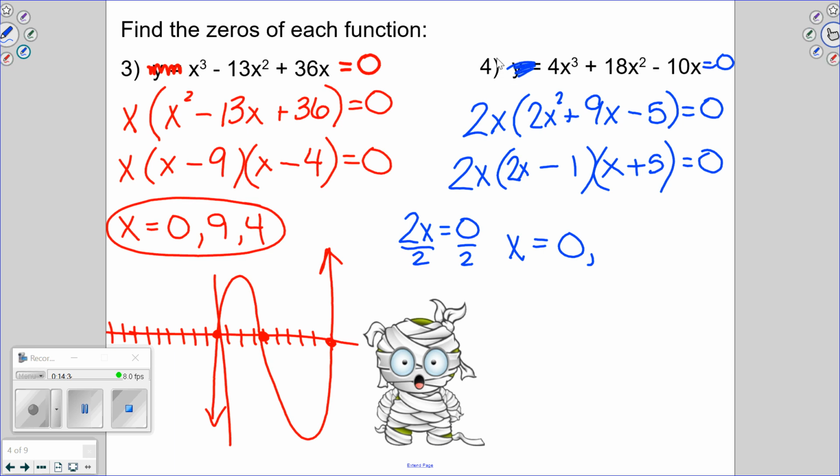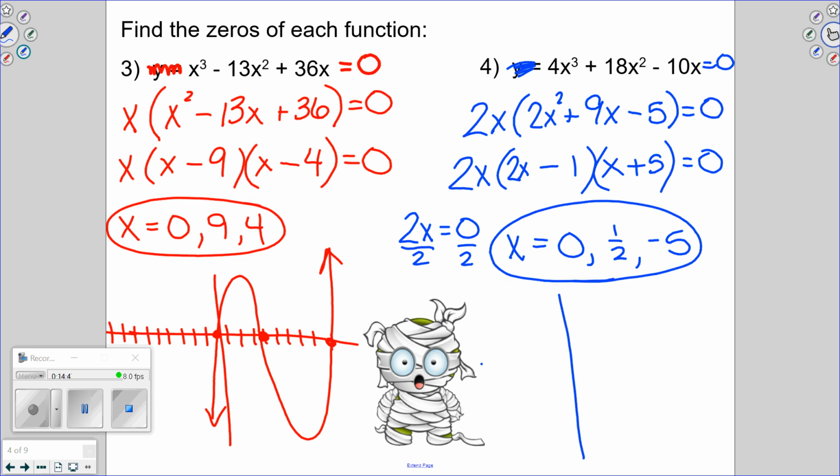All right, what do you get for an answer here? Good, that's positive 1/2. And this would give me just -5. All right, so if we draw a rough sketch, I have a point at 0, 1/2.